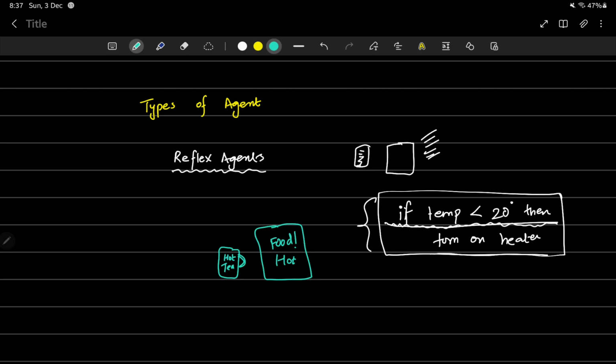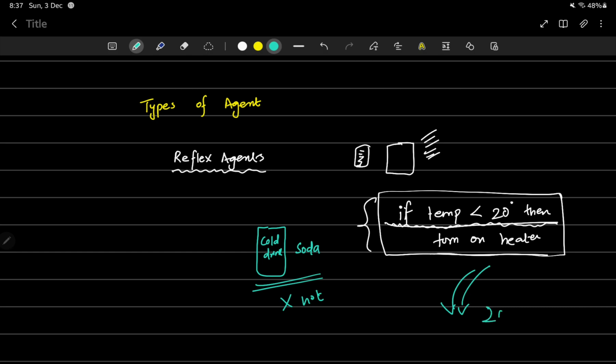Okay, I'm messing up a bit. Let's say you have this cold drink or soda, and you don't want it to get hot, you want to drink it cold, but the temperature of the room falls below 20 degrees.